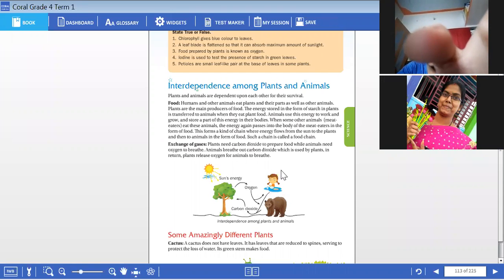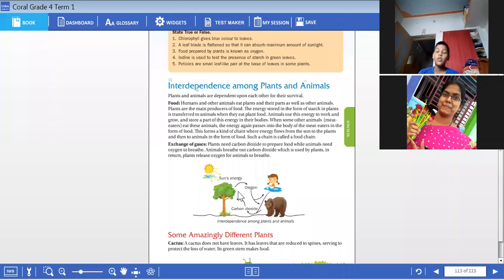This is a cyclic reaction of gases exchanging between plants and animals. We intake oxygen and release carbon dioxide, and plants will take in the carbon dioxide released by us and exhale oxygen out.